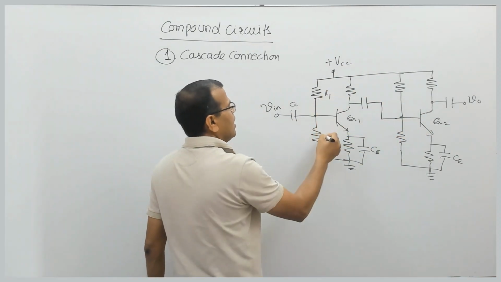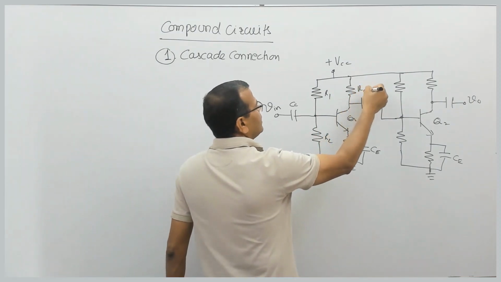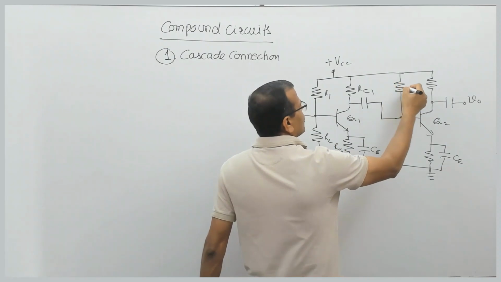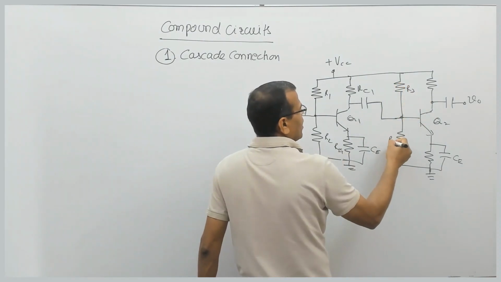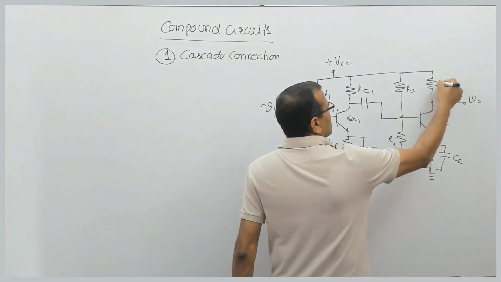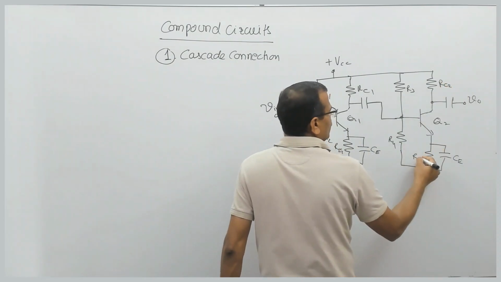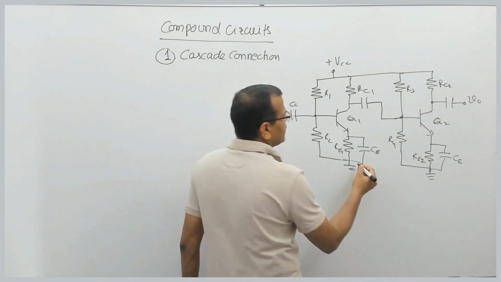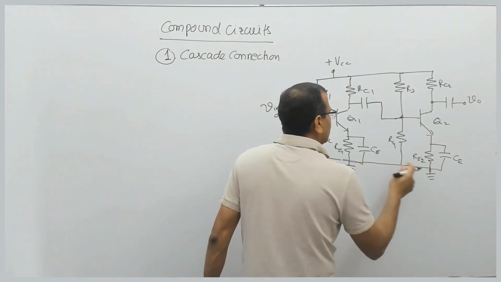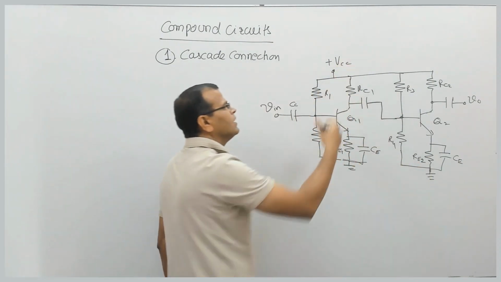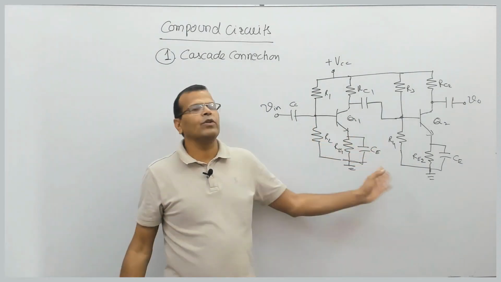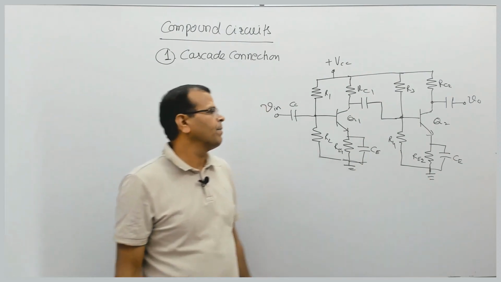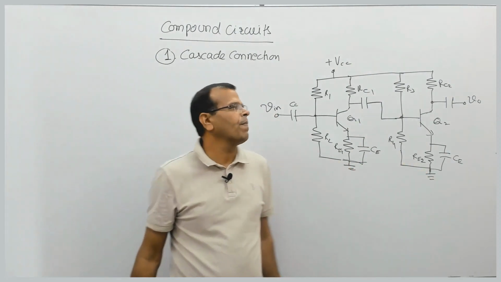So R1, R2, this is RC1, RE1, then R3, R4 it is your choice. Then RC2, this is RE2, and this is your circuit, or you can show a single ground, that's your choice. Normally we take a single ground and single supply. You can take separate grounds, but in fact it is the same ground.